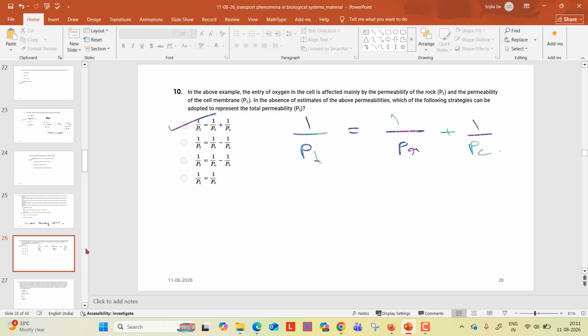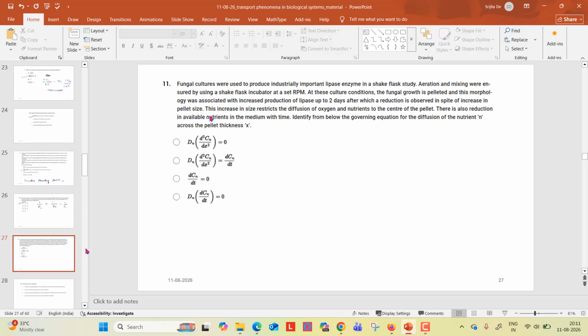Next, fungal cultures were used to produce industrially important lipase enzyme in a shake flask study. Aeration and mixing were ensured by using a shake flask incubator at a set RPM. At these culture conditions, the fungal growth is pelleted, and this morphology was associated with increased production of lipase up to 2 days, after which a reduction is observed in spite of increase in the pellet size.